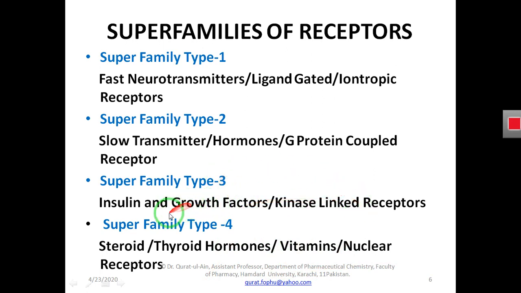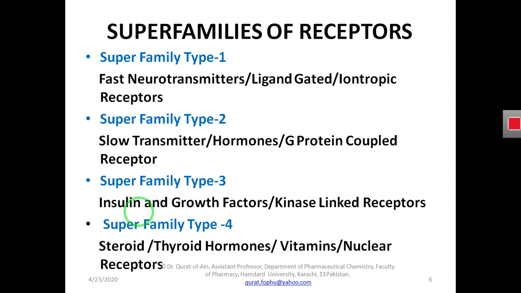So why are we calling these growth factor receptors? Because these receptors are normally present on the cell surface. I'm giving you examples here, like the PDGF receptor, the platelet derived growth factor receptor, or the epidermal growth factor receptor, or they may be insulin receptors. All these receptors are mostly present on the cell surface.